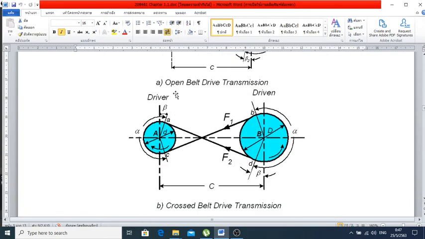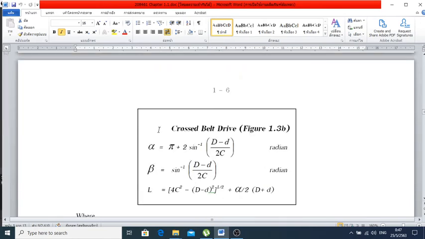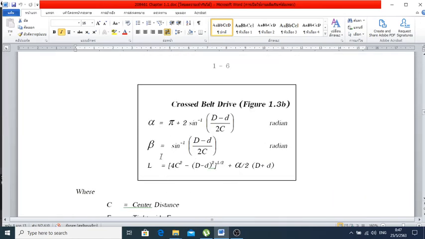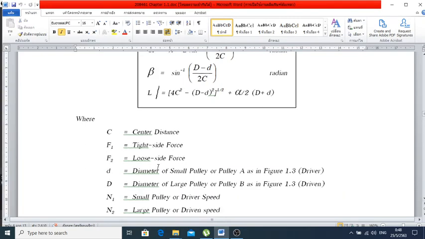And then for the cross drive there, we have only one alpha, because it's crossed, right? So the angles of contact are equal to each other. So we have only one alpha and beta respectively, and L is going to be the length of the belt.